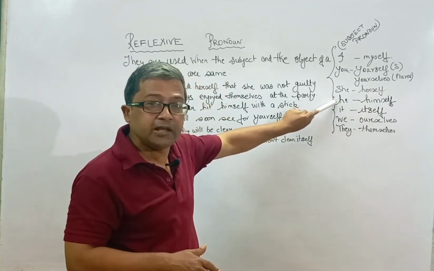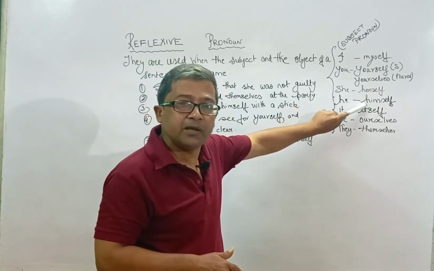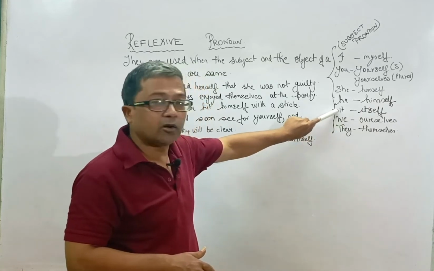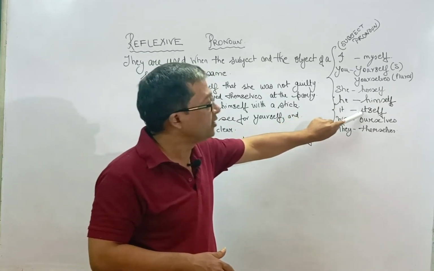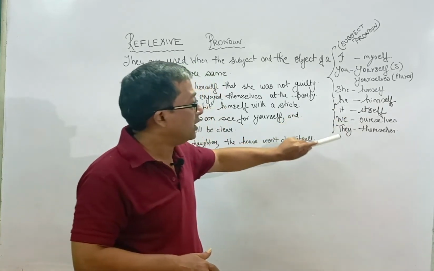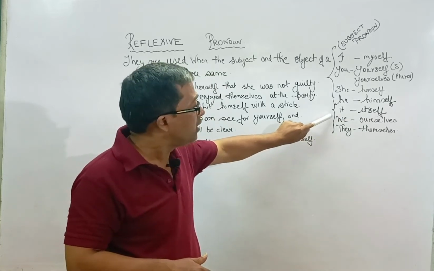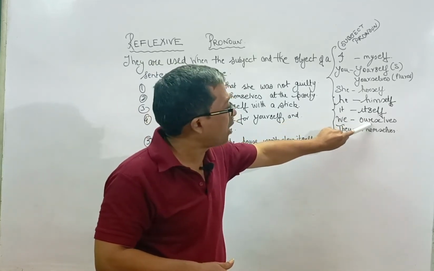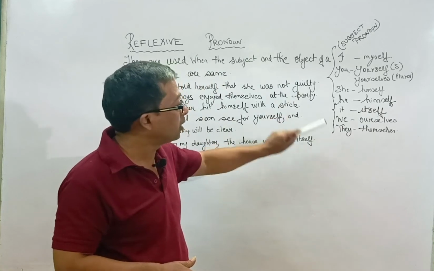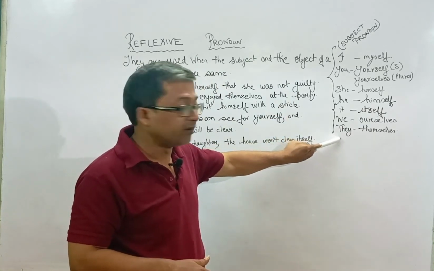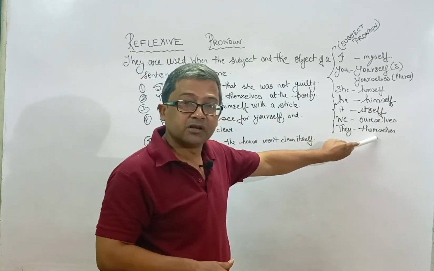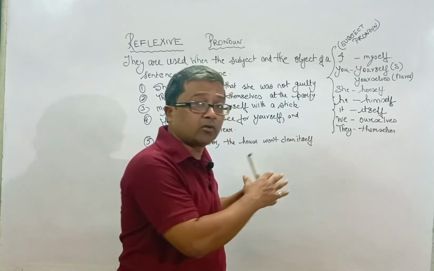Subject pronoun he, the reflexive pronoun is himself. The subject pronoun is it, the reflexive pronoun is itself. The subject pronoun is we, the reflexive pronoun is ourselves. The subject pronoun is they, the reflexive pronoun is themselves. So these are the reflexive pronouns of the subject pronouns.